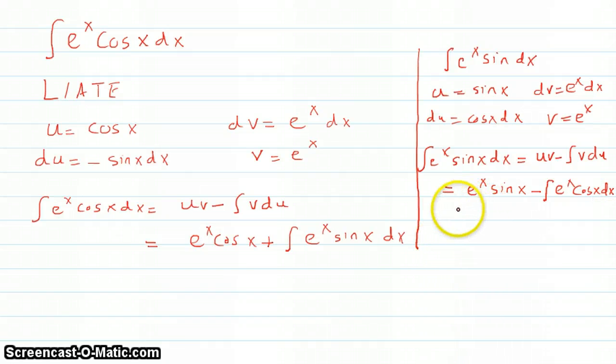I'm going to substitute this result for the integral of e to the x sine x dx, and that would give me the integral of e to the x cosine x dx. Let me fix my x's here.